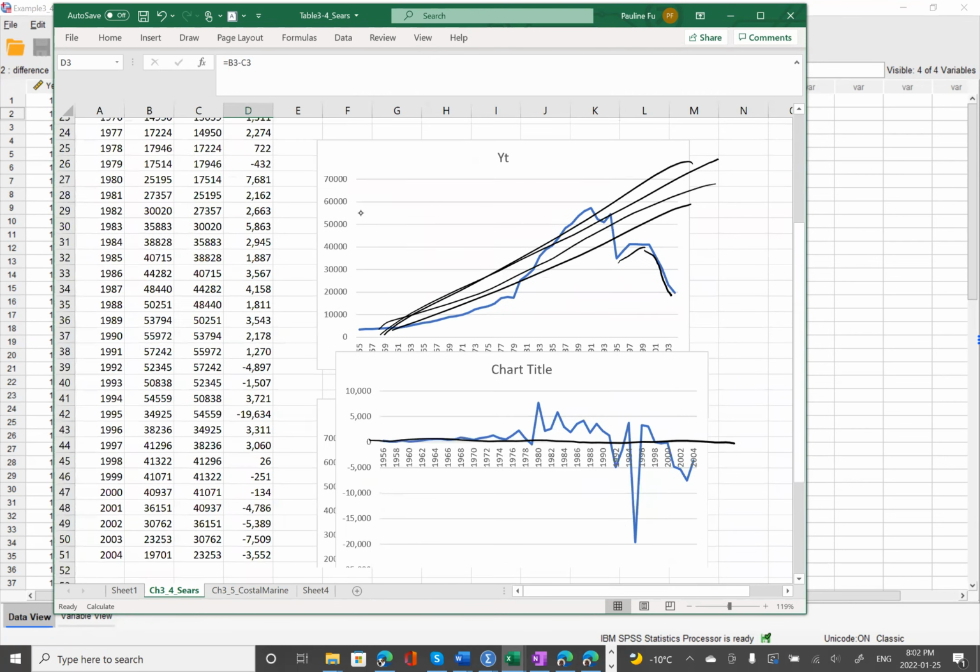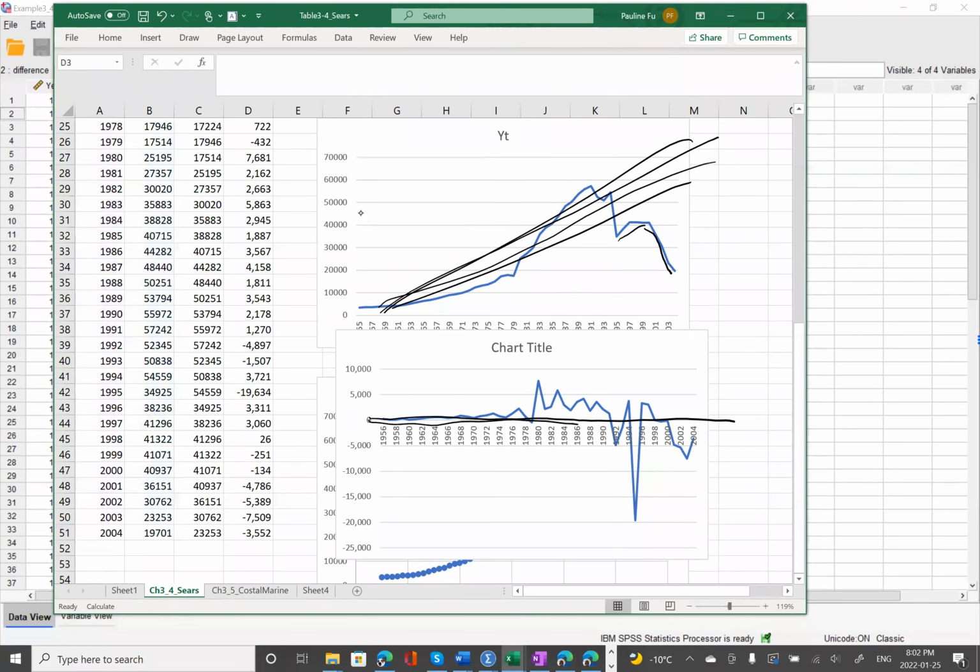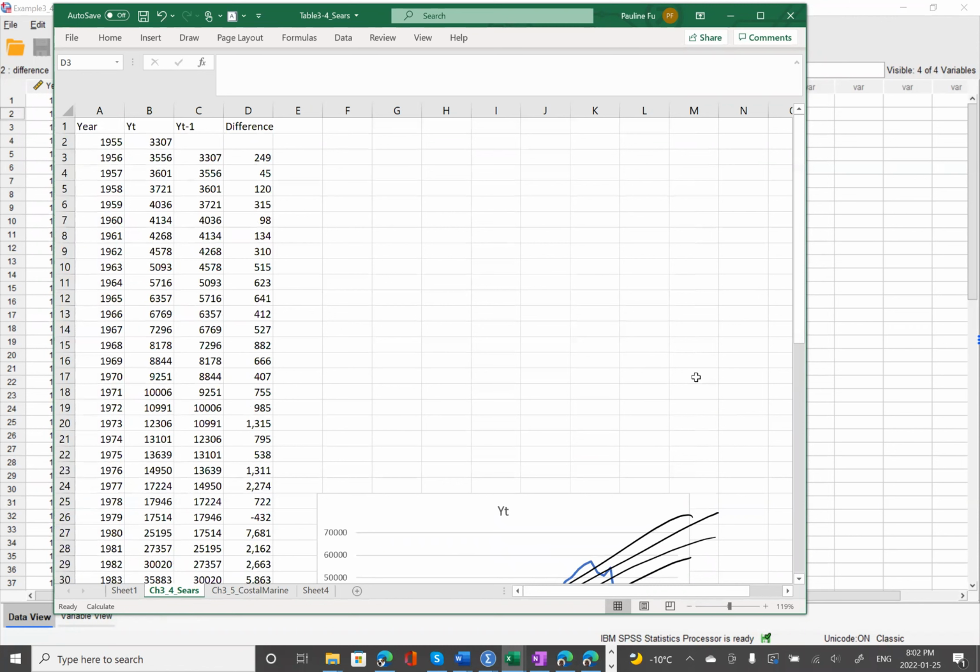After you do the difference, the data is more stable around this line. You eliminate the trend. Sometimes people take a log of the original data to eliminate the data patterns and produce more stable data. For this example, we just did the difference. Okay, thank you. You're welcome.